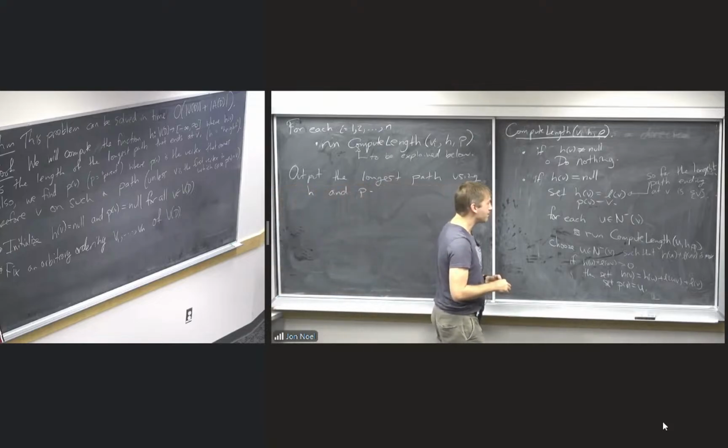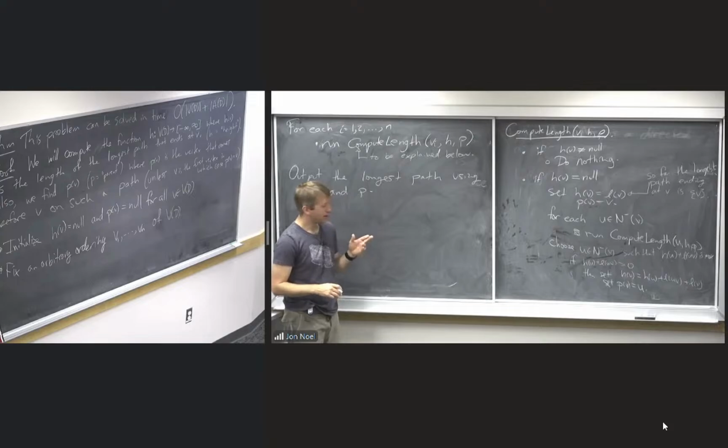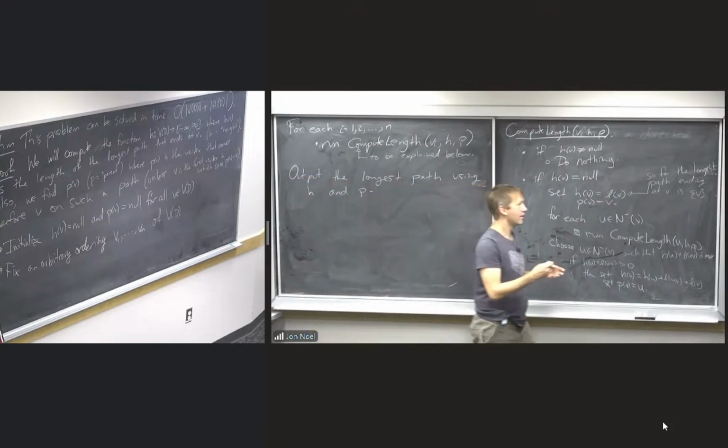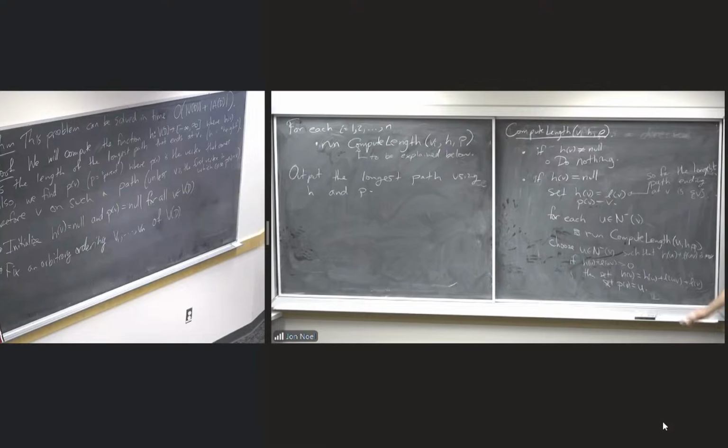Oh, actually, maybe there's something here that I should have made clear earlier, which is that what this is really doing is finding the longest walk that ends with v, because we're not keeping track to make sure that if I look back at v and the parent and the parent and the parent, it doesn't repeat vertices.